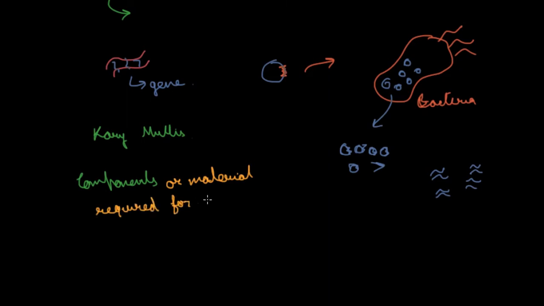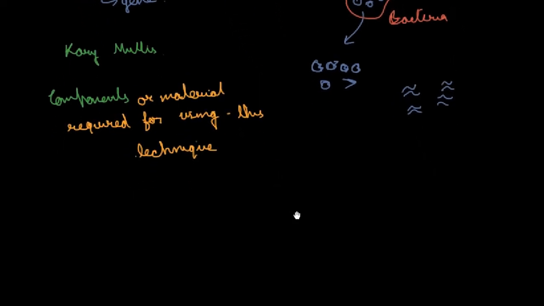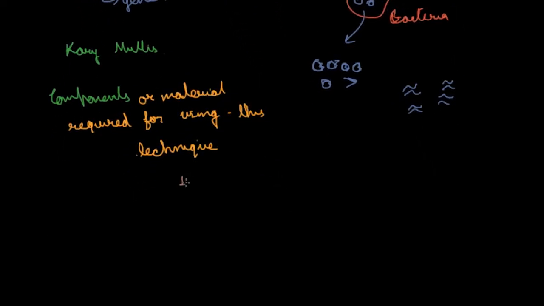It's obvious that if we want to make multiple copies of this DNA, we must have some nucleotides. So for obvious reasons we require nucleotides. Then we require a buffer solution.